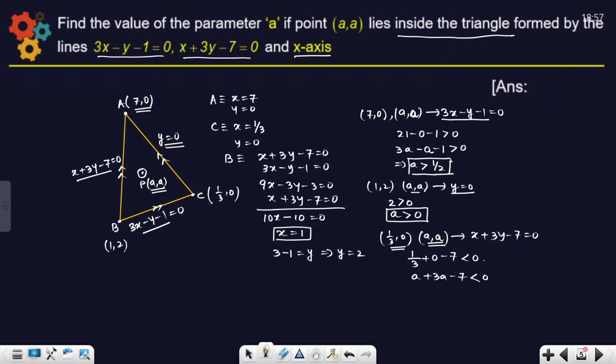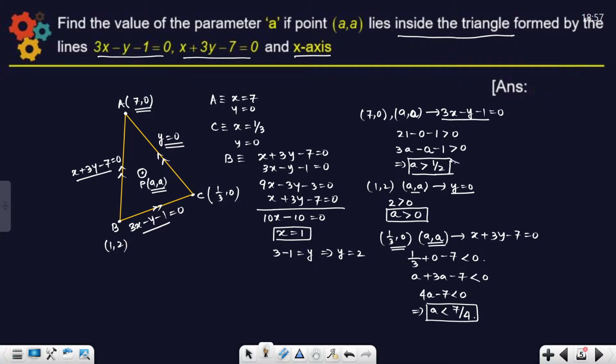Because the points C and P are lying on the same side of AB. That is why they are having the same sign. So from here we are having 4a minus 7 is less than 0, which implies a is less than 7 over 4. Okay. So now we have to combine this condition.